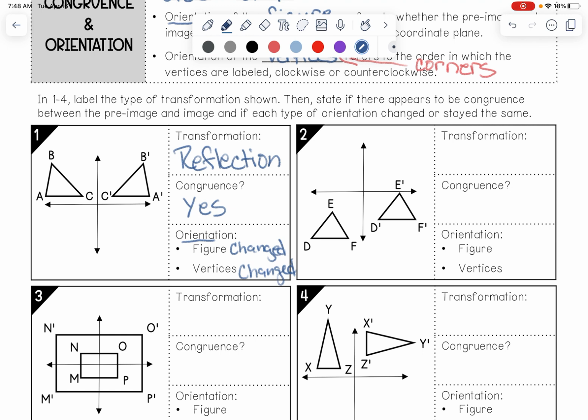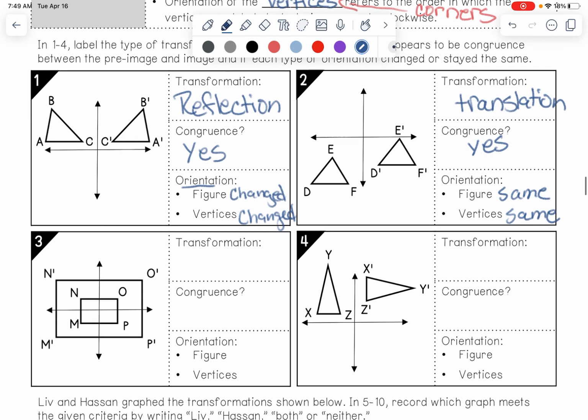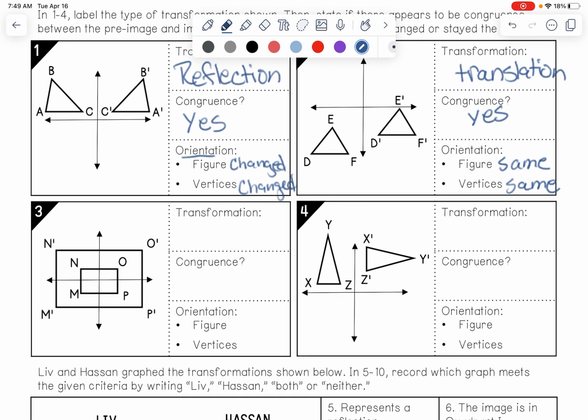Transformation number 2 is going to be just a translation. It is congruent, and the orientation stayed the same for everything. Number 3 is a dilation.